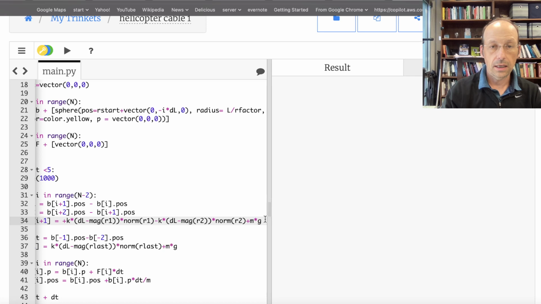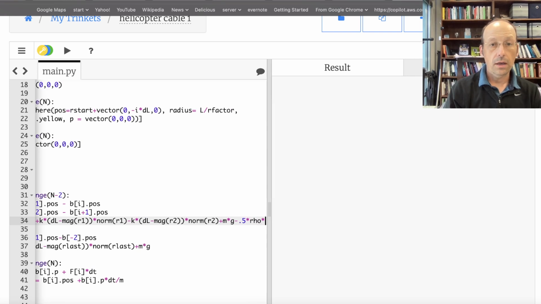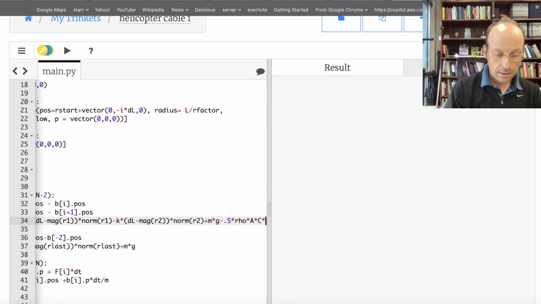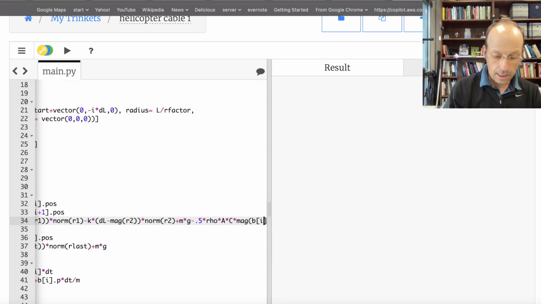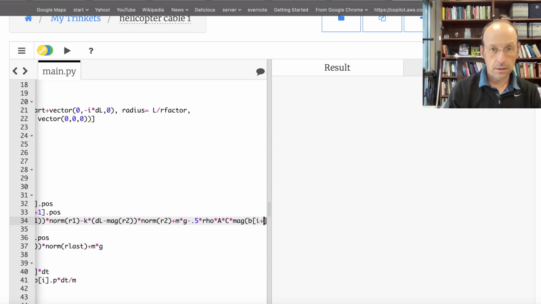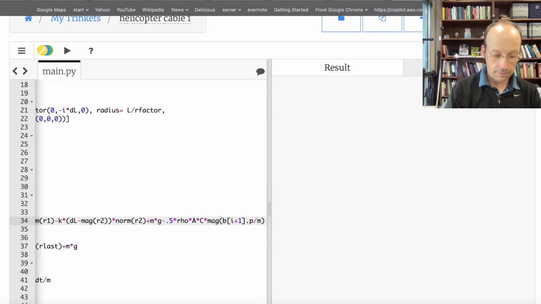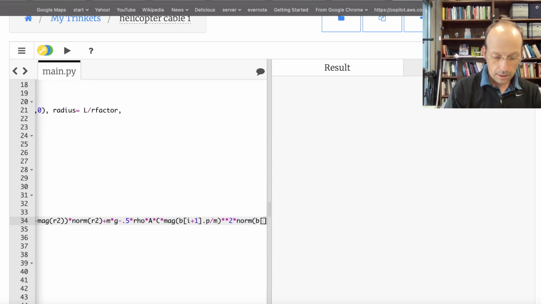Let's just say minus 0.5 times rho times A times C times the magnitude of b_(i+1).p divided by m, squared, and then multiply by the norm of b_(i+1).p.